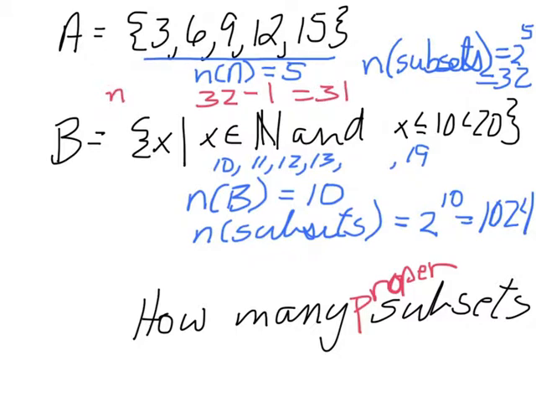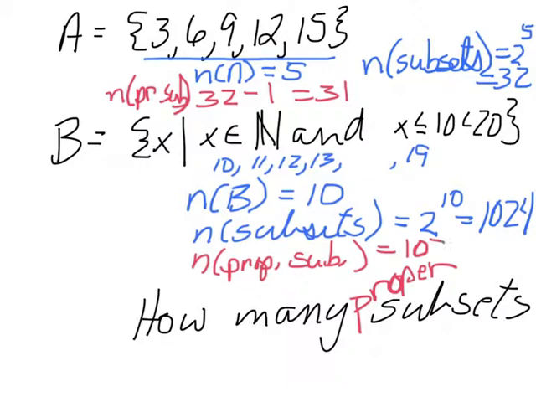So we'll say number of proper subsets there, and the number of proper subsets for this one would be equal to 1024 minus 1, which is 1023. And that's how you do finding subsets, how many in each case.